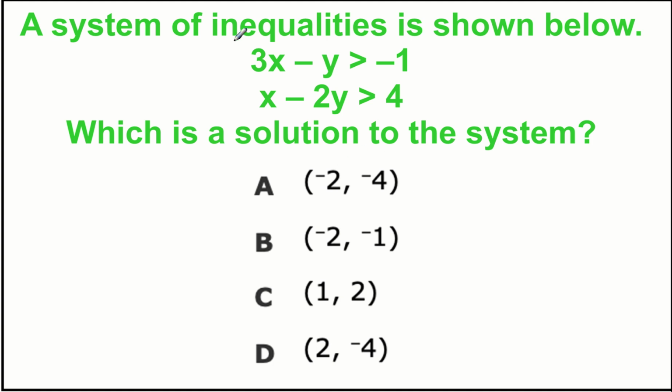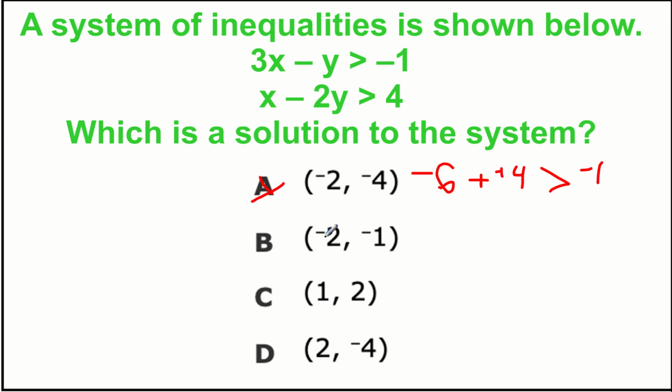So if I plug in -2 for X and -4 for Y, I've got -6 after I multiply, minus -4, and it's got to be greater than -1 for the first inequality. Well, -6 minus -4, we do same change, that's -2. That one doesn't work then. So you just got to plug them in until you find the one that works, okay?